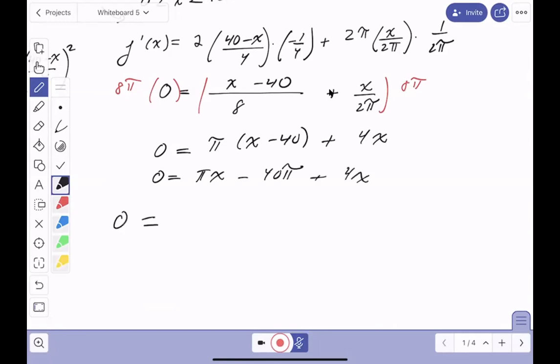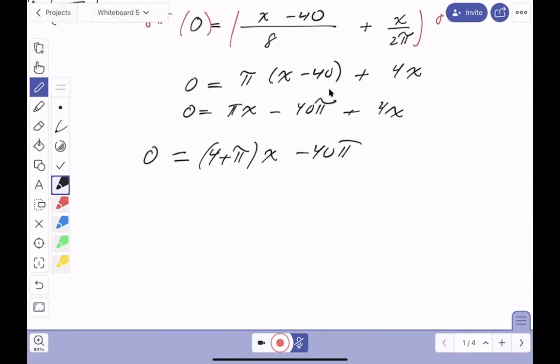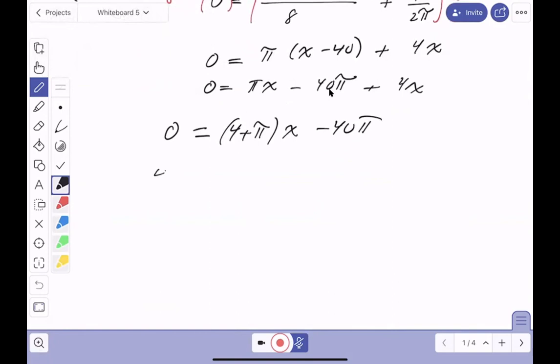Let's see, I'll add the x's together. So you get (4 plus pi) times x minus 40 pi. Again, I'm still trying to solve for x here. And again, we'll look at the key later. So 40 pi, and then divide by 4 plus pi would give me x.